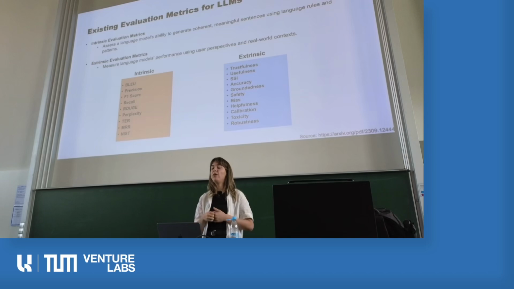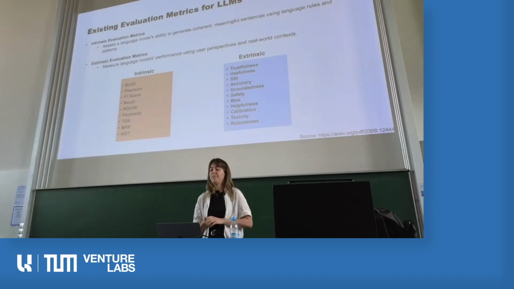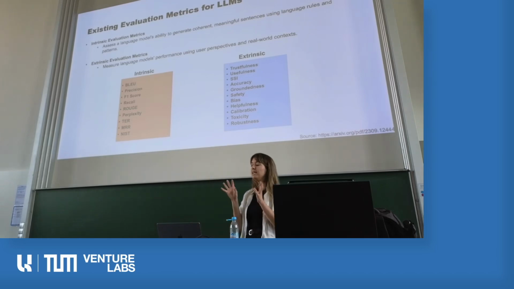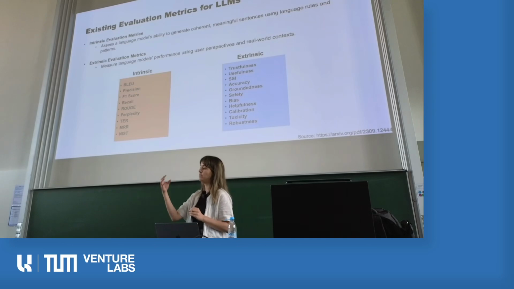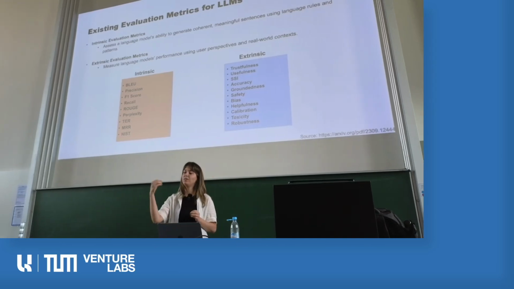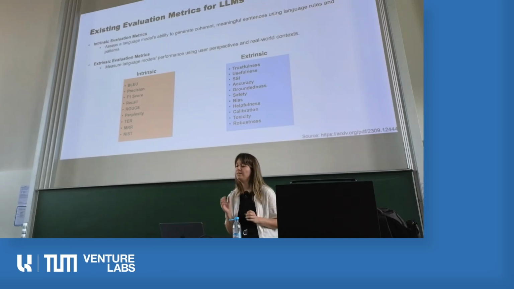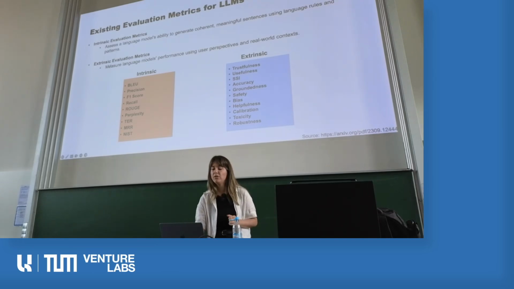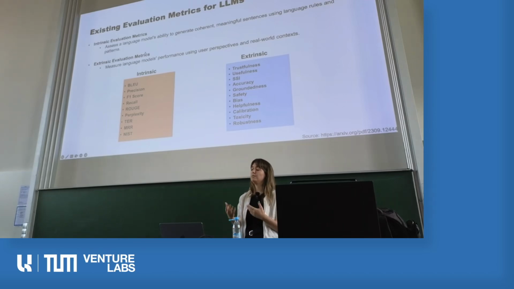And what I found with this intrinsic and extrinsic categorization is that it encapsulates what I said: when you think about LLM-based applications, you want to think about what the users want. Intrinsic categorization assesses a language model's ability to generate coherent, meaningful sentences.